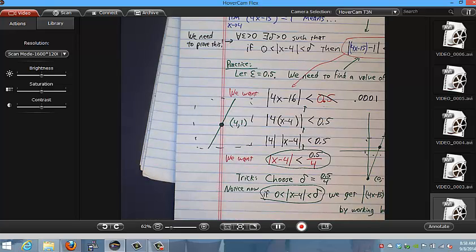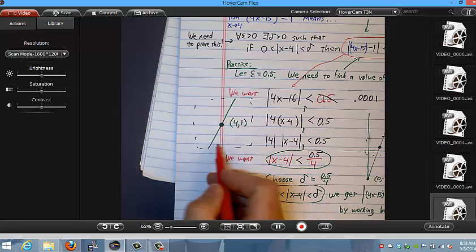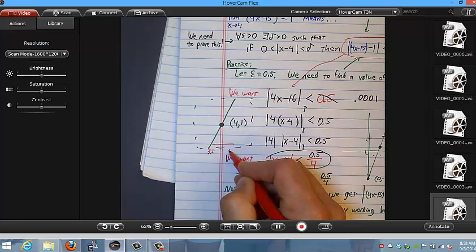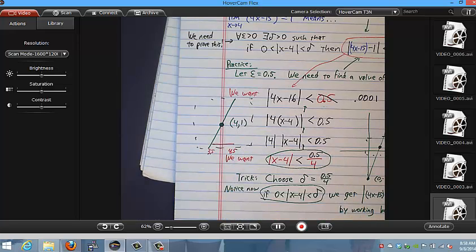Now, Dan picked us a value of delta. Delta, for our first example, was 0.5. And that meant we were considering inputs between what and what? 3.5 over to 4.5. Are you guys with me? Oh, I screwed that up.